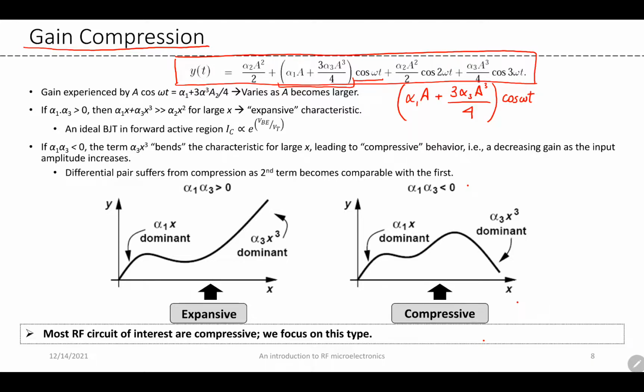Now, as we discussed in the previous slide, if we want to look at the gain for the fundamental frequency, we just take this a out, and then we have alpha 1 plus 3 alpha 3 a squared by 4 times a cos omega t, right? So this is nothing but x(t).